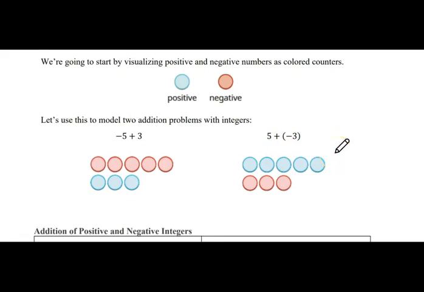Right, so just to review, -5 plus 3, they will cancel each other, and we have 2 negative circles left, so that means equals -2. And then when we add 5 and a -3, again, these 3 pairings will cancel each other, and we have 2 blue circles representing +2.